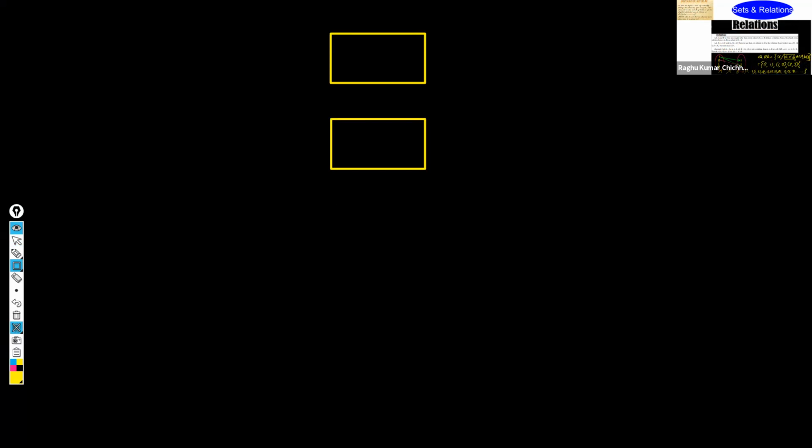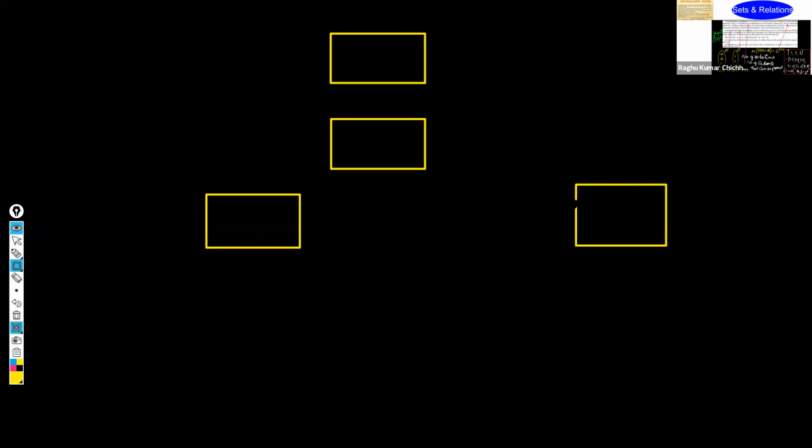And from the real numbers, you will have the rational numbers. And from the rational numbers, you will have the irrational numbers. So what is to be understood in this case?